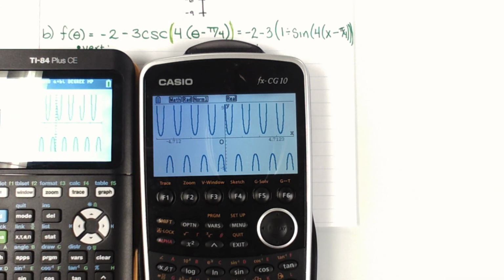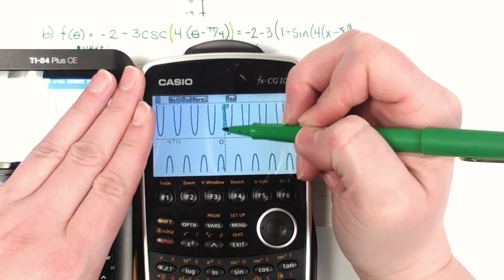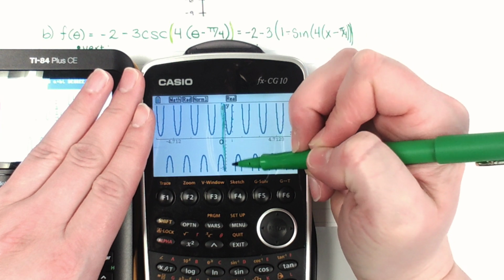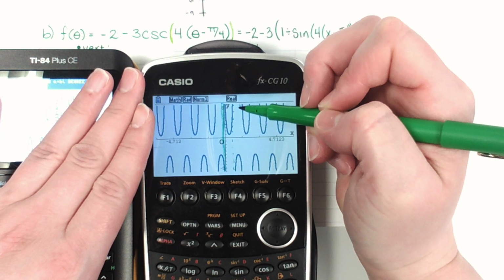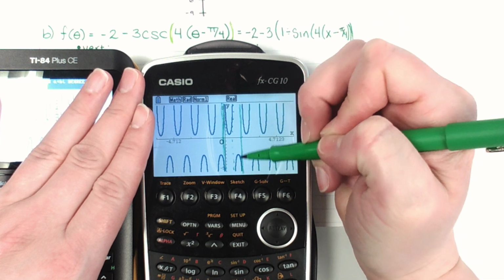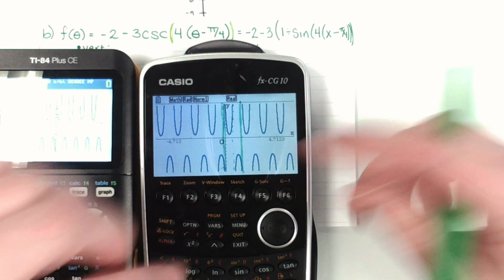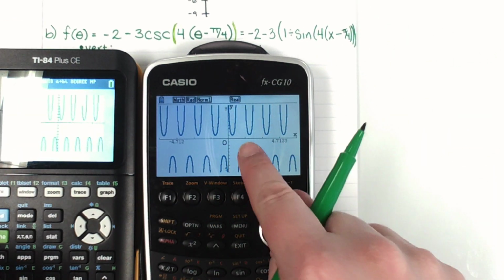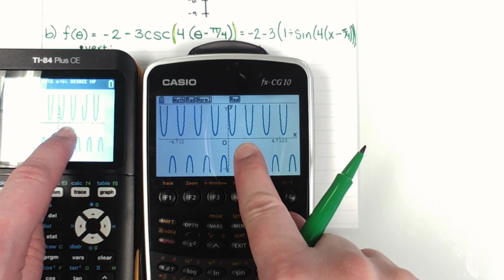Could I look at this graph and find the length of the period? Yeah. I know by looking at that there's an asymptote here. Now there's another asymptote here, but is that a full repeat of the graph from here to here? No, the full repeat comes here. So that's what they have as a full repeat of the graph. That is one tick mark. Wait a second.